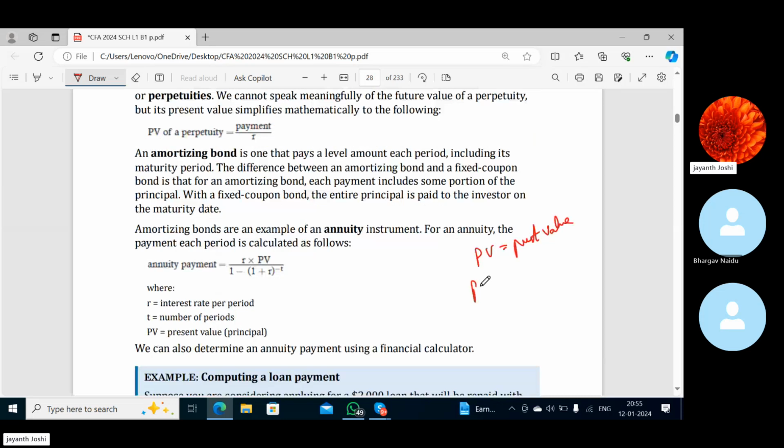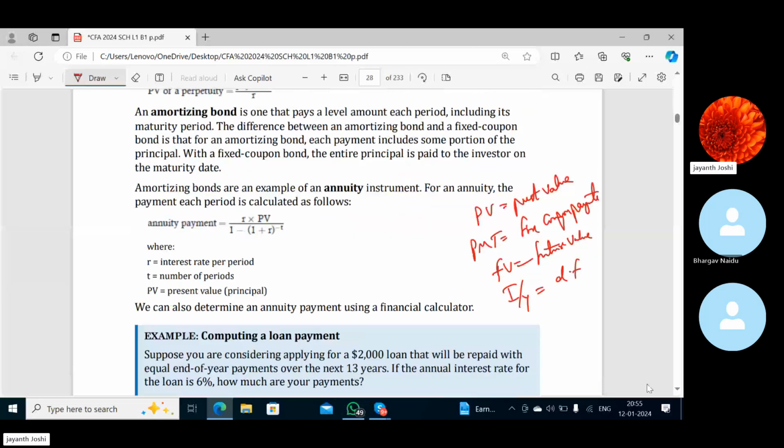PMT is the fixed coupon payment. FV is the future value. I/Y is the rate of return or discount factor in easy language. N is the number of years or frequency of payments, whatever you want to put it as.